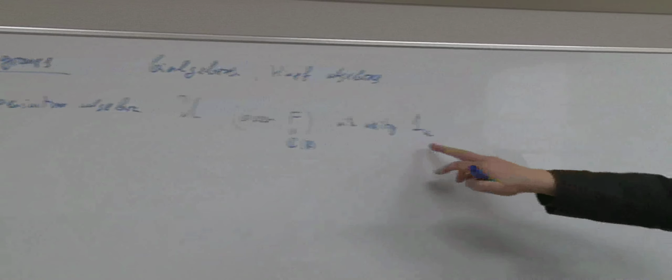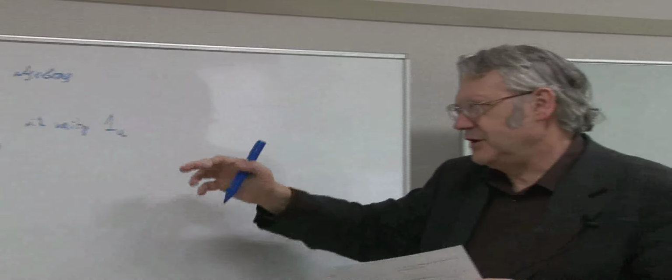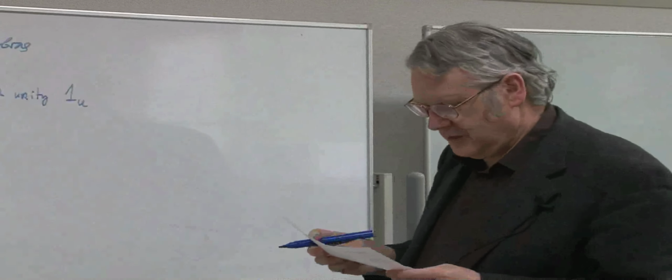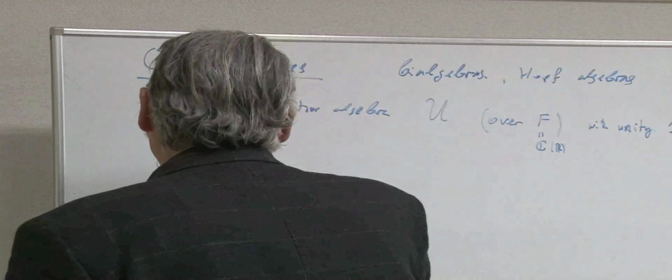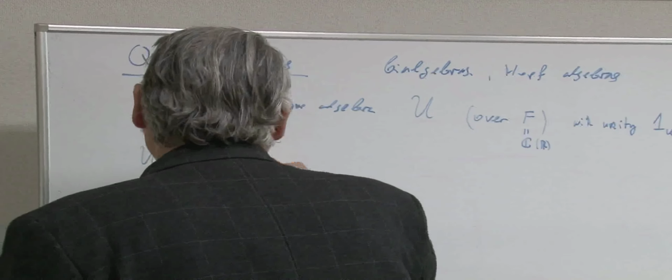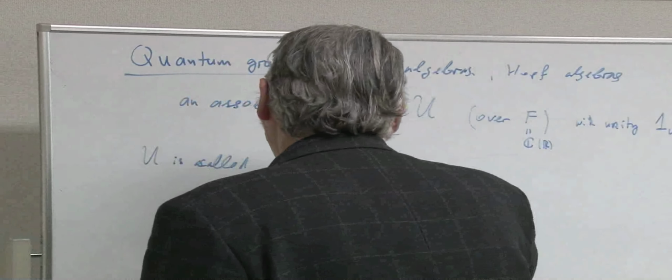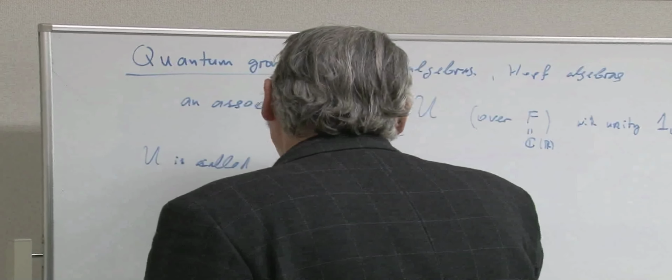I write this because it's an element of the algebra. It's not the number one, it is the element of the algebra. And such an algebra is called a bialgebra. U is called a bialgebra.